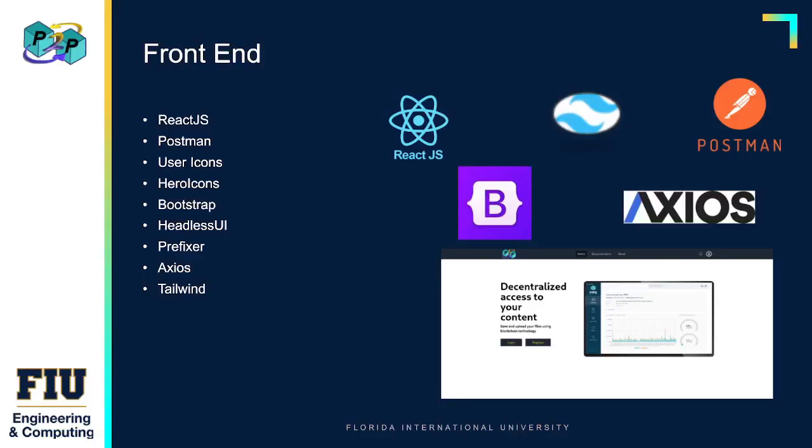Bootstrap, which is basically an open source CSS framework, and we have used Headless UI, which is a library of unstyled, fully accessible UI components. And then we have Tailwind CSS, which is an open source CSS styling framework, with Prefixer, which also helps with the Tailwind CSS styling. And then for file retrieval and file fetching, post and hooks, we used Axios as our main source.